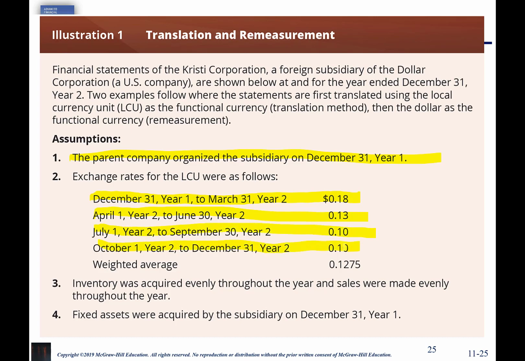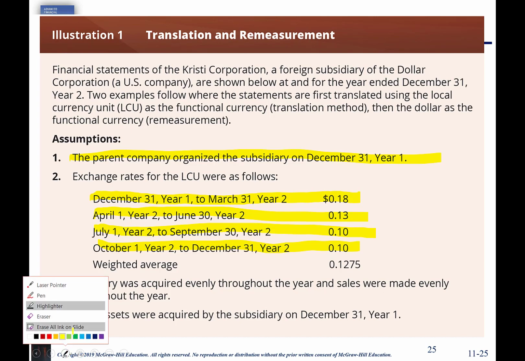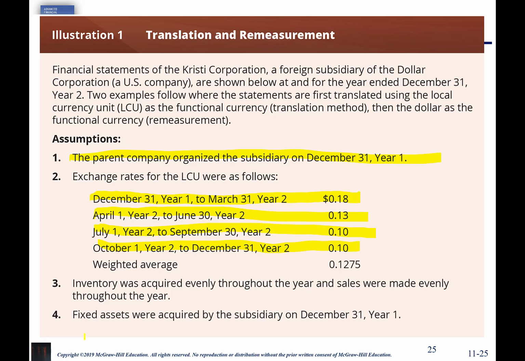Notice they're giving us quarterly rates here, contemplating that an entity might go ahead and have some sort of quarterly reporting that they're doing that would make these quarterly rates relevant to those quarterly reports.